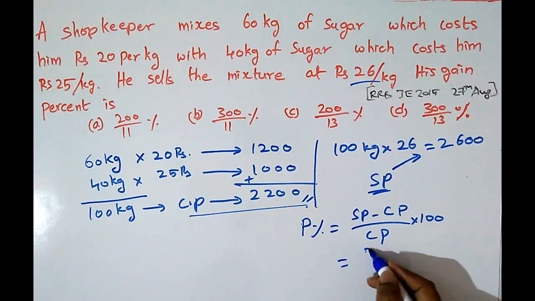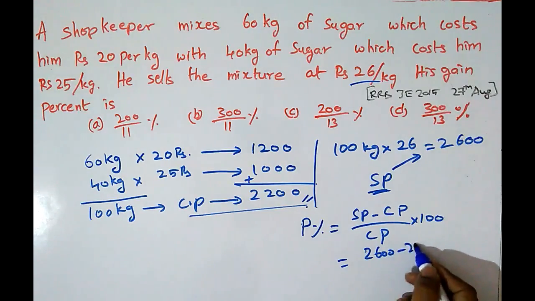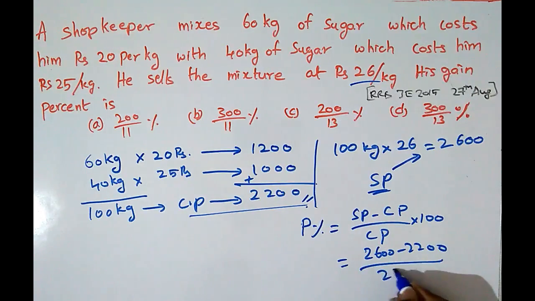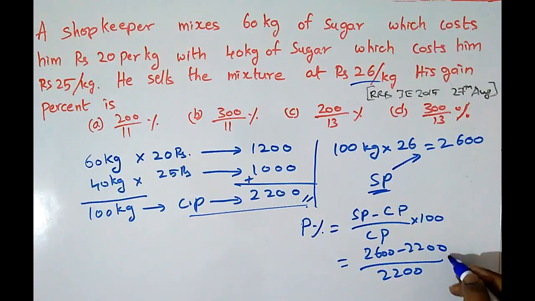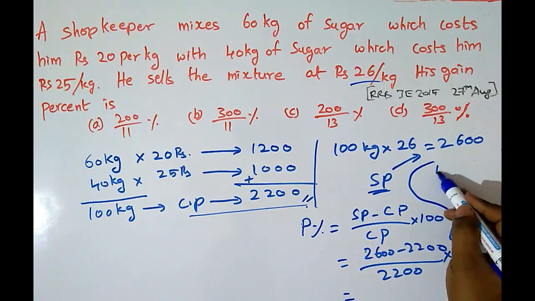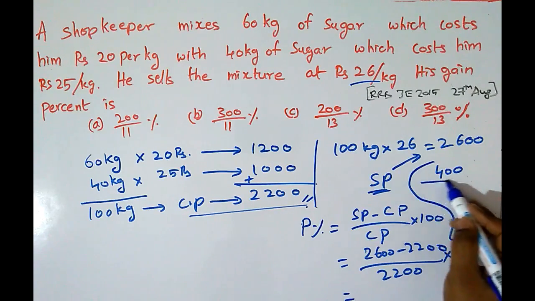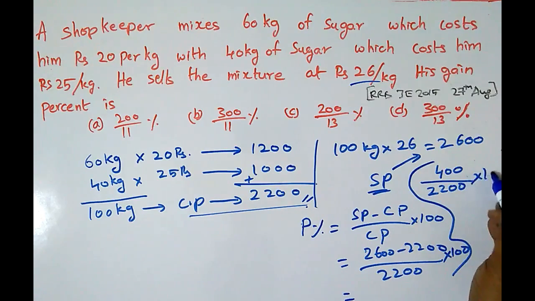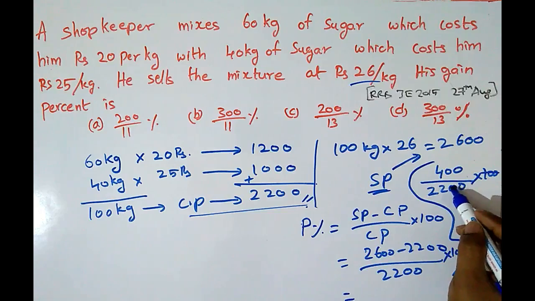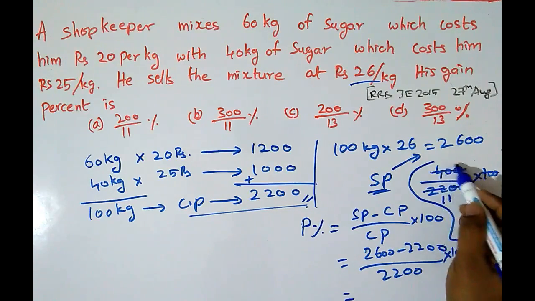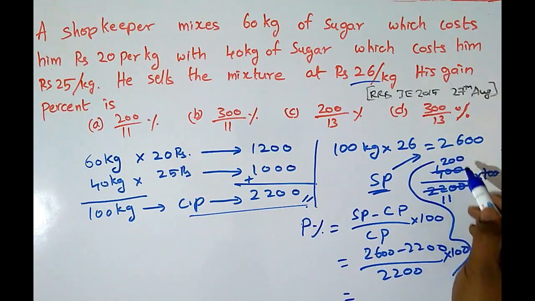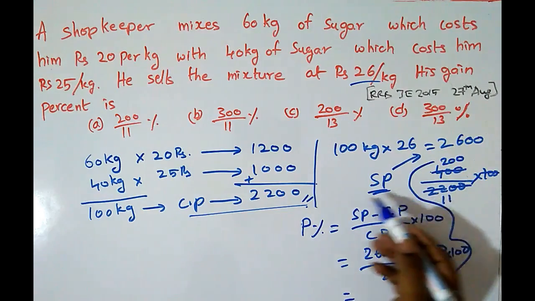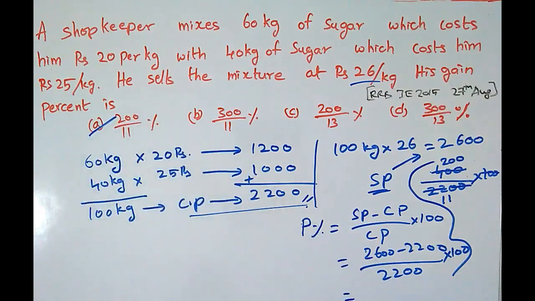That is 2600 minus 2200 divided by 2200 into 100. 400 divided by 2200 into 100. Two zeros cancel. 2 elevens are 22, so what you have got is 200 by 11%, which is A.